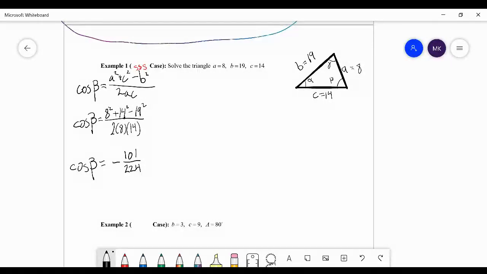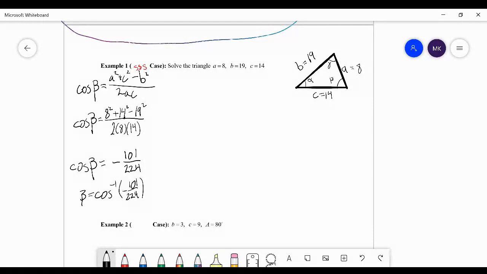Okay. And if you want to write that as a decimal, it's not a very nice one. It's about negative 0.45. Keep that as the exact form. Keep that as that fraction. Okay. So now what we do is we have that beta is equal to cosine inverse negative 101 over 224.